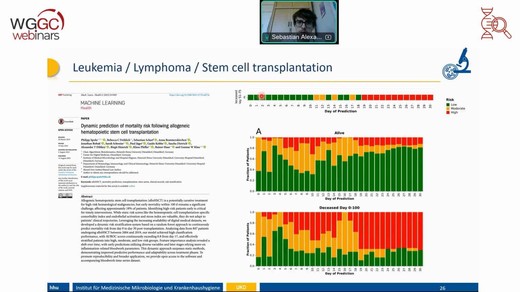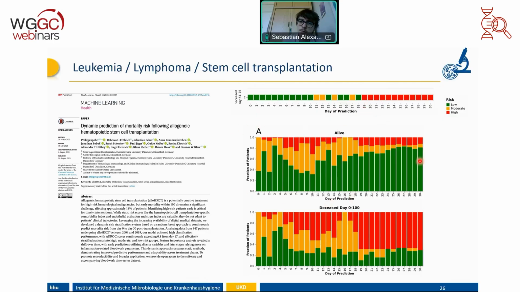So you can see here for an example patient, we used the data from day 0 to day 30 after transplantation. And for every one of these days, the algorithm gives us a score whether the patient is at low, moderate, or high risk. And this patient died after day 51. So here the algorithm worked out and predicted that there was a high risk after day 18.